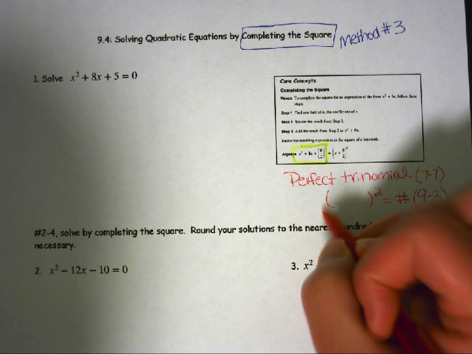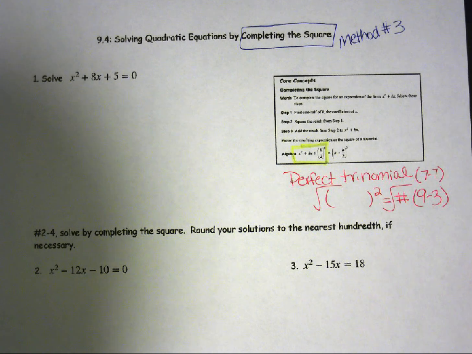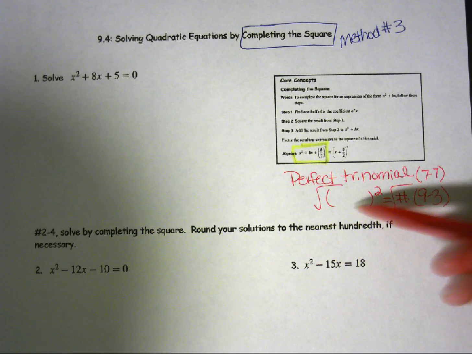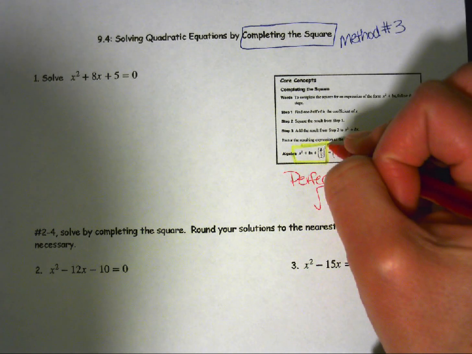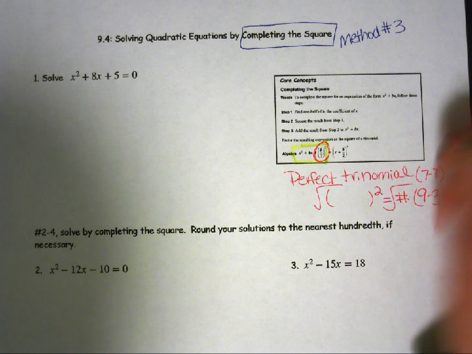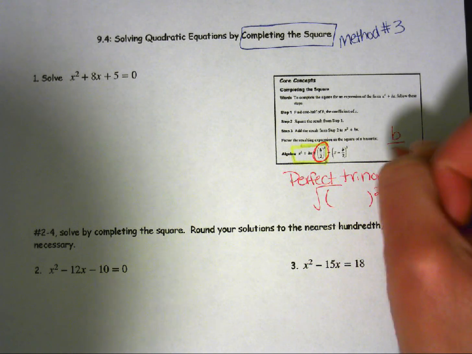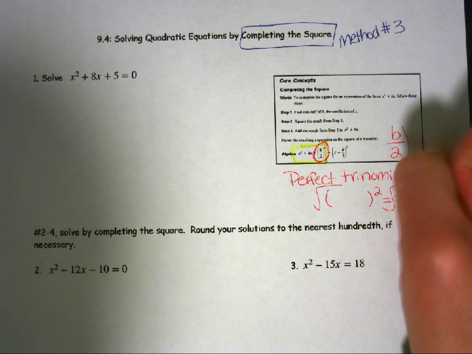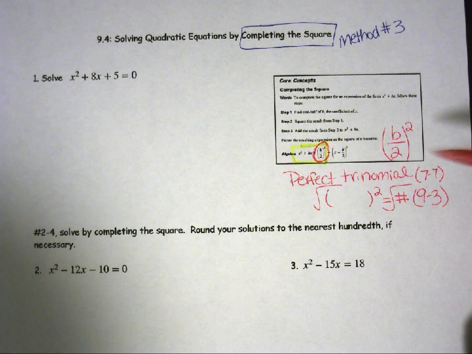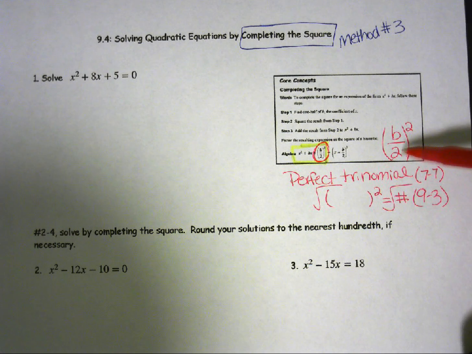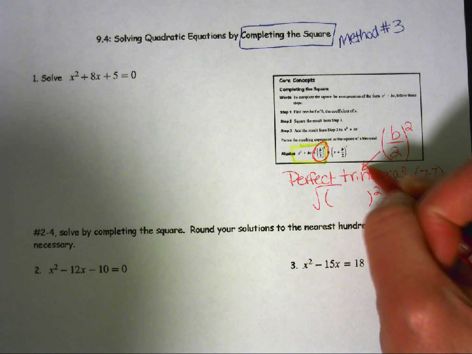They showed us that we could take the square root of both sides. So this is what we're working towards. And this piece right there at the very tail end, which is just b over 2 quantity squared, is going to be the key. This is how we're going to create that perfect trinomial.